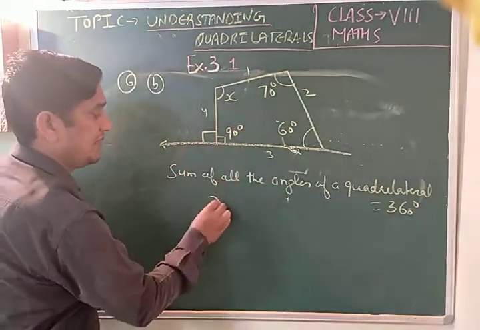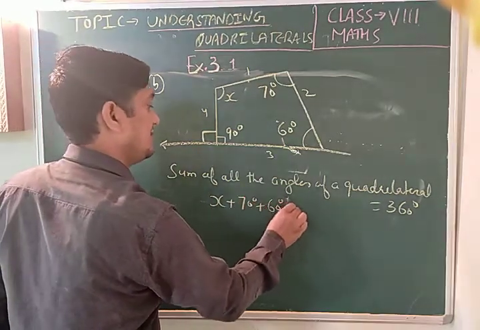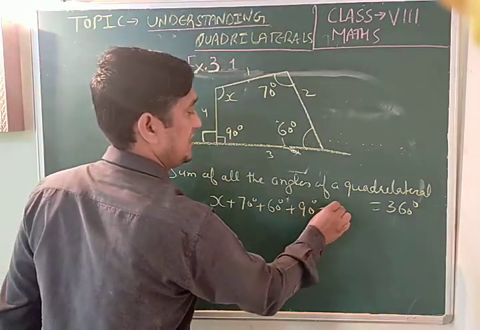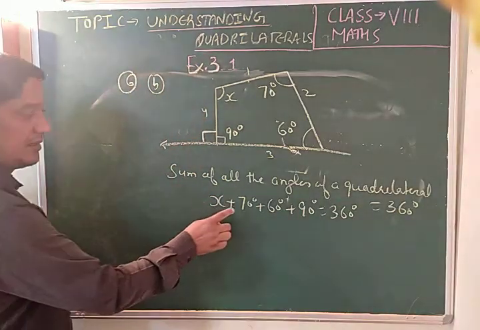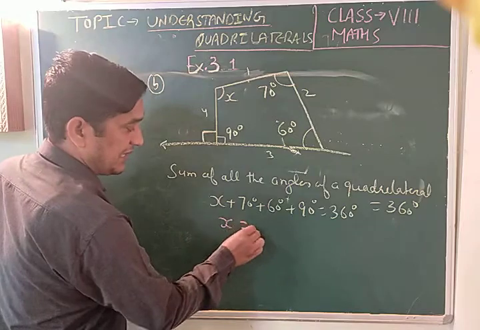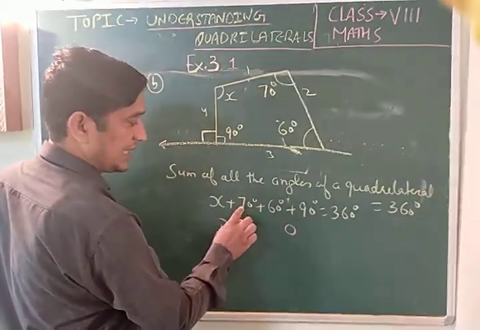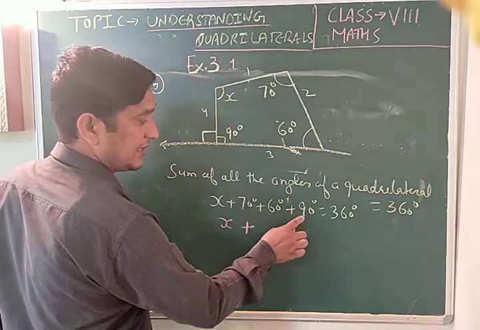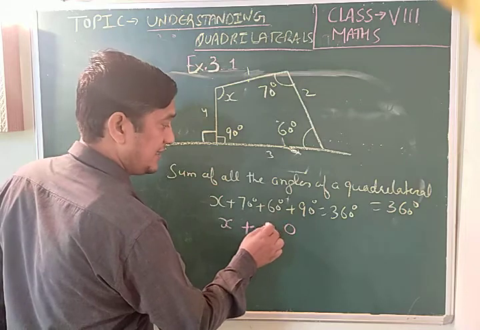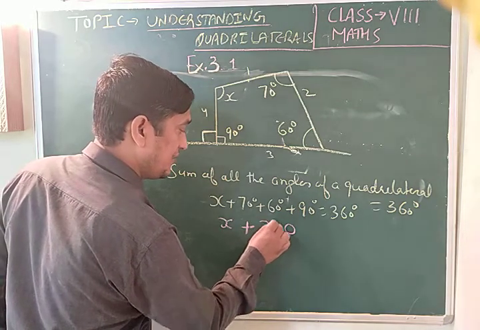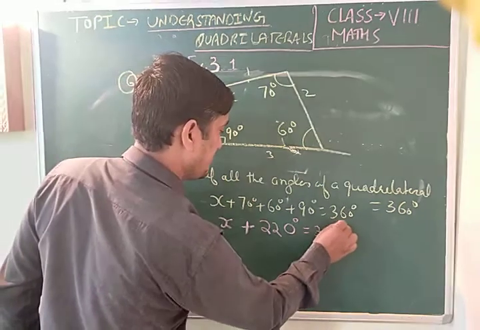Now apply the same concept. x plus 70 plus 60 plus 90 degree is equal to 360 degree. Add. 70 and 60 is 130, 130 and 90 is 220. So x plus 220 is equal to 360 degree.